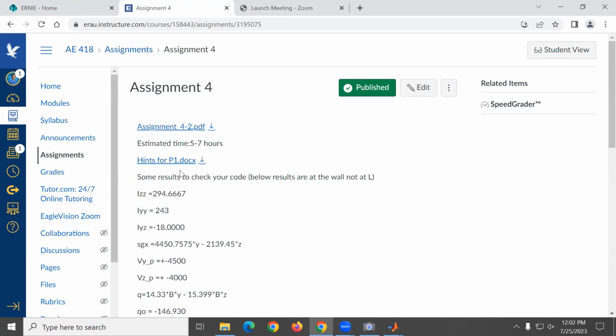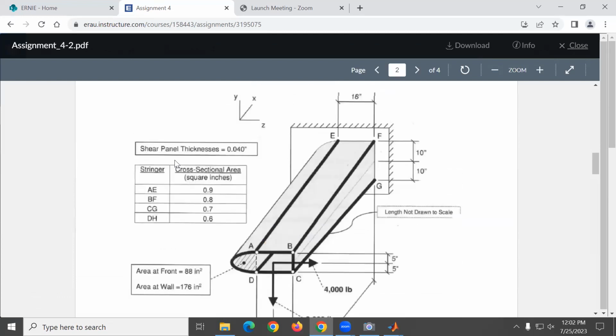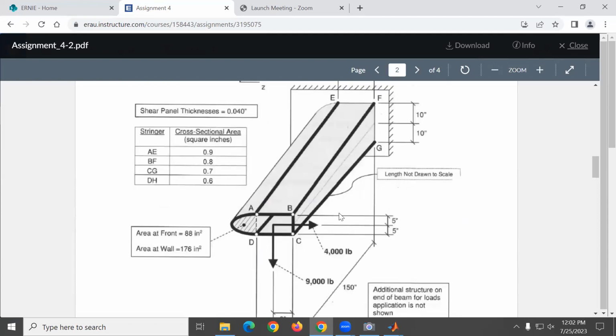Basically this is the one, and let's see if we can compare some of the values. Initially it was to do this at the wall, but now we need to do it at the middle. Did you do this one for the previous assignment or something similar?